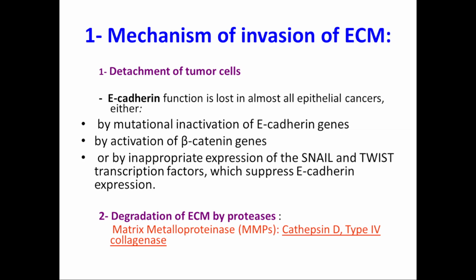When there is loss of E-cadherin, what happens to the cells? They detach, they leave each other. Either by mutational inactivation of E-cadherin, or by activation of beta-catenin, which we said causes down regulation of E-cadherin production, or by inappropriate expression of other pathways that lead to suppression of E-cadherin expression.